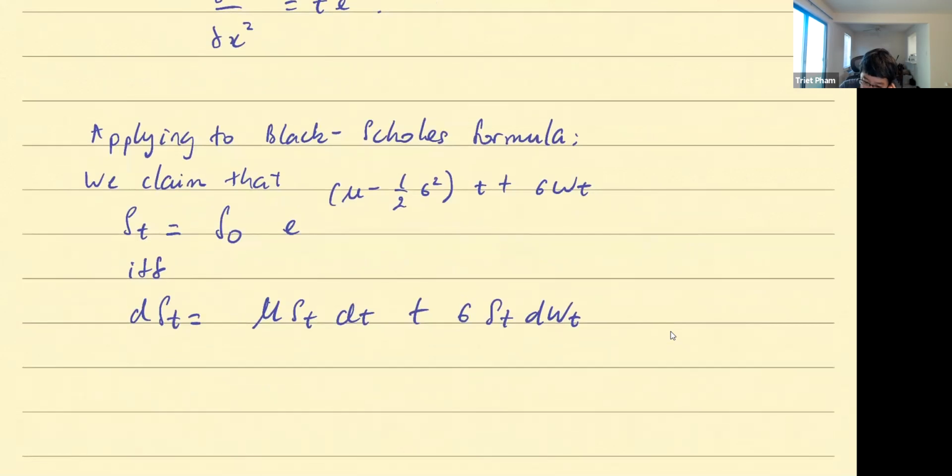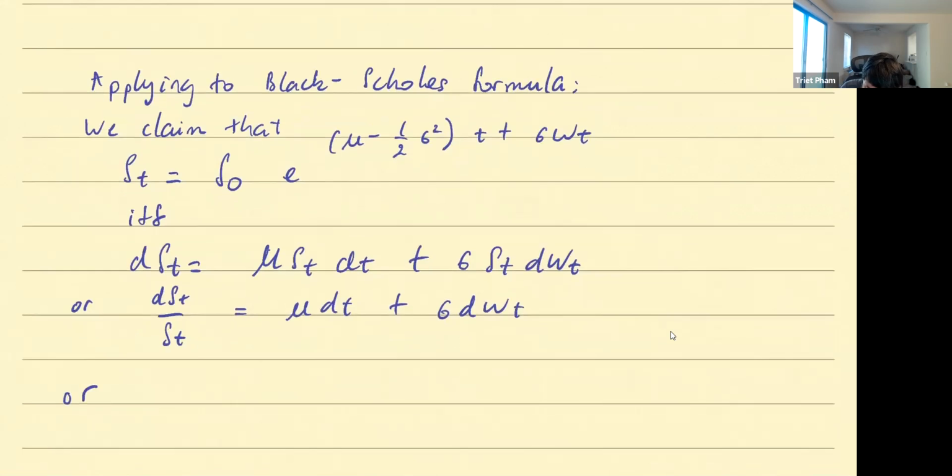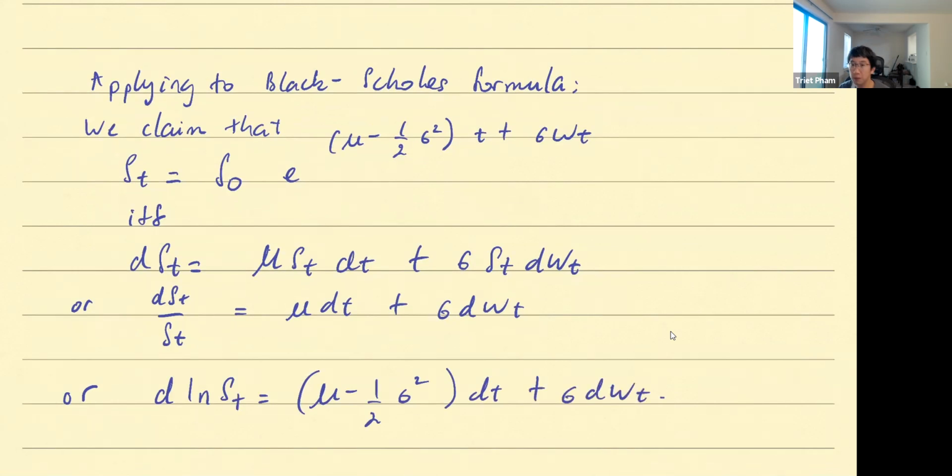Obviously this model is nothing but the percentage return model. Or the log return follows this model. So there are three points, 1, 2, 3.